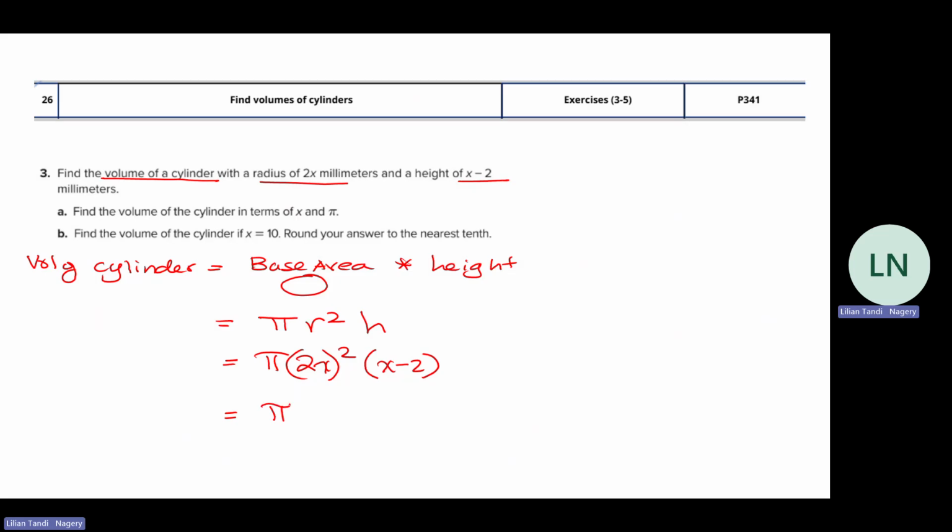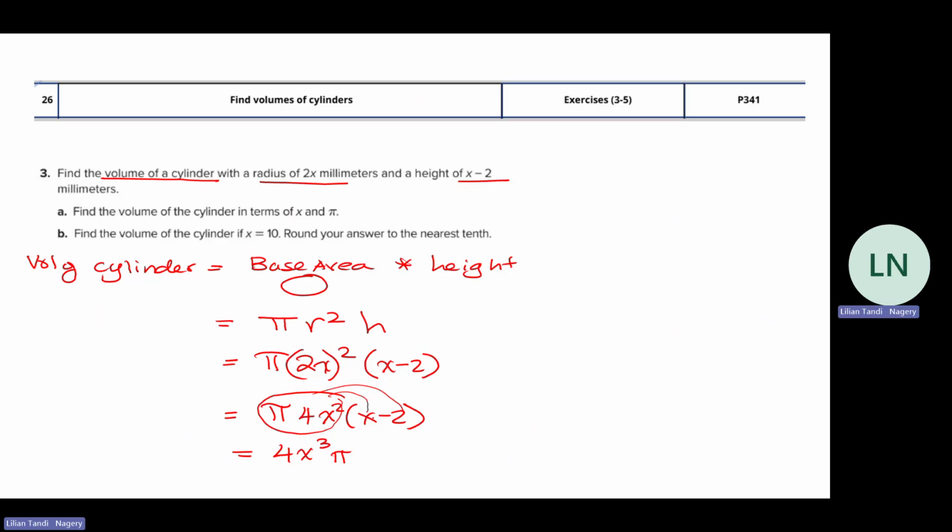This becomes pi 4x squared, x minus 2, so 4x cubed, because you're going to do the distributive property. So you distribute all this inside here.